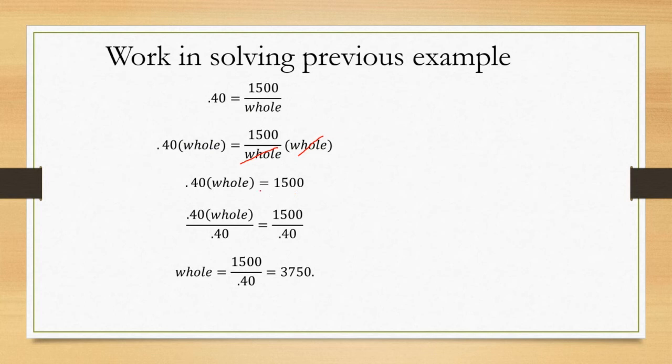Then from here, we want to get whole. Whole is our x, basically. And to get that, we divide by 0.40. Then we have whole, which is equal to this. When you carry out this division, you get this number, after rounding to no decimal places.